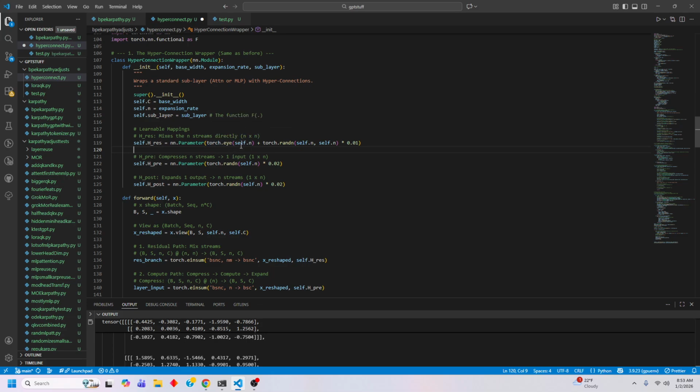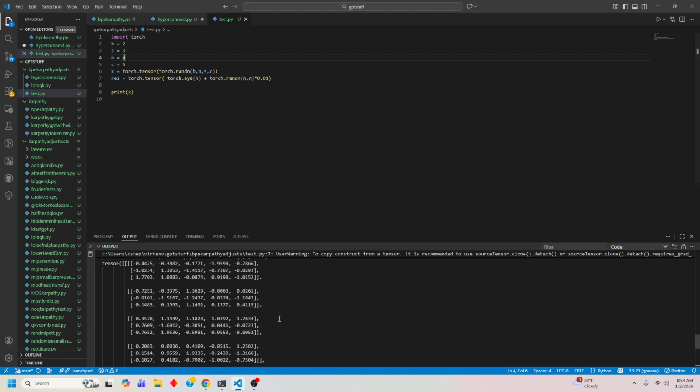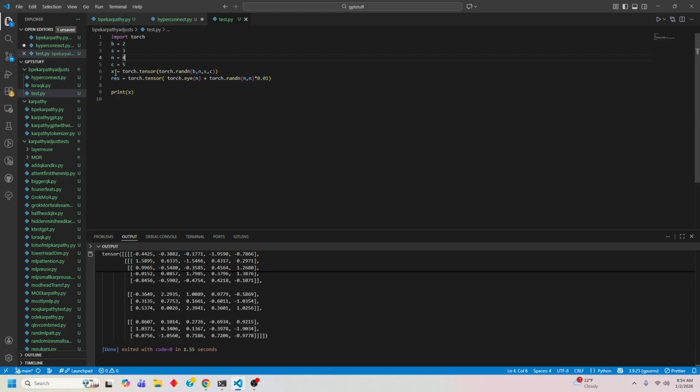Torch.eye of the expansion rate plus torch.rand of self.in by self.in. So this is a 4x4, which this is also a 4x4. I did a little test to see what that looks like. Let's see here. We'll just restart. Torch.tensor. So this residual is what we're trying to print.